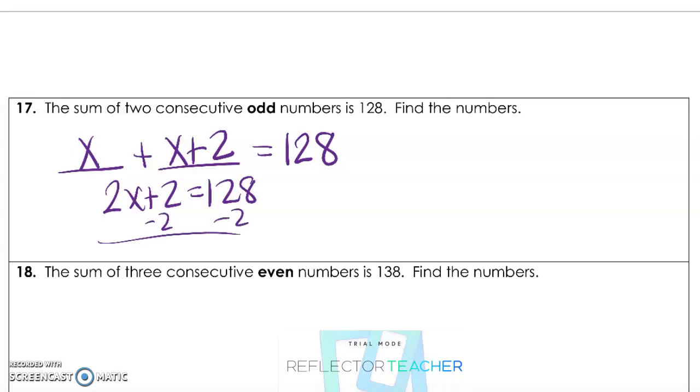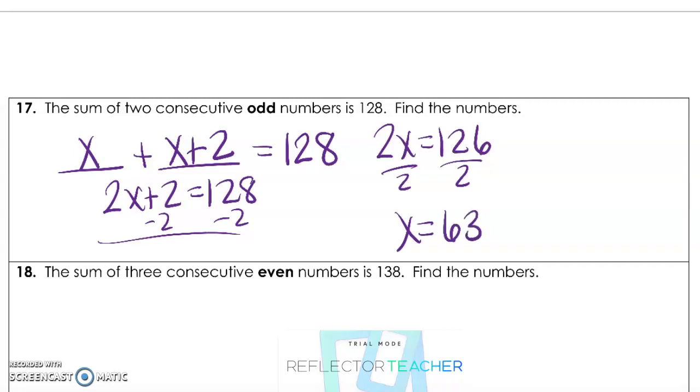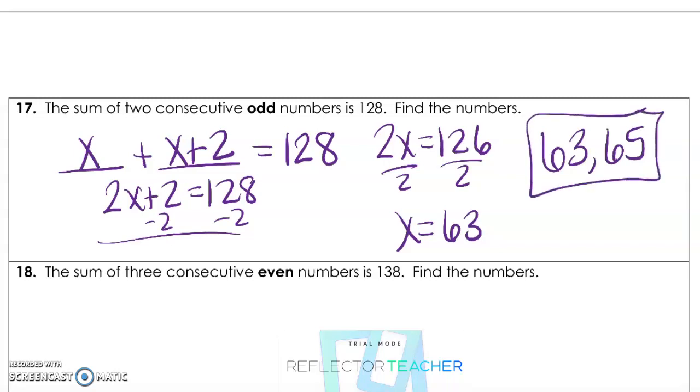Subtract 2, 2x equals 126. Divide, x equals 63. So again, it needs to be two odd numbers in a row, 63, then 65 for your answer.